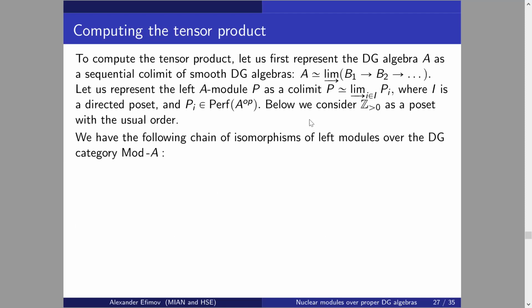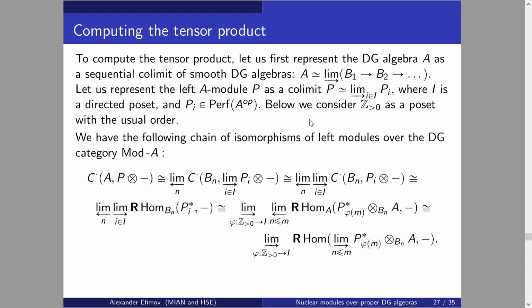Then we have the following chain of isomorphisms of left models over this huge DG category mod A. It might look scary, but I'll just briefly comment on what's going on.